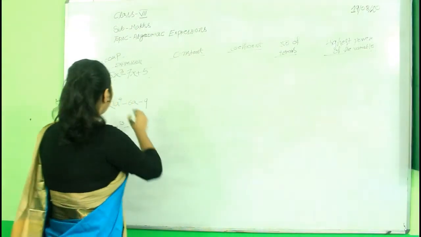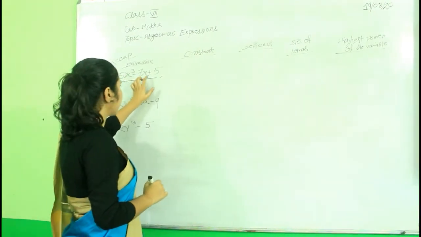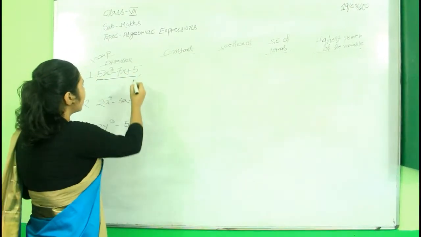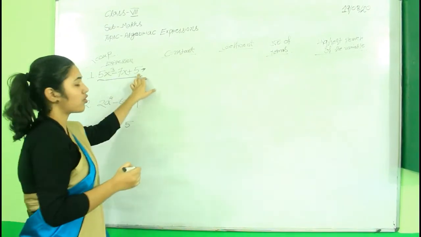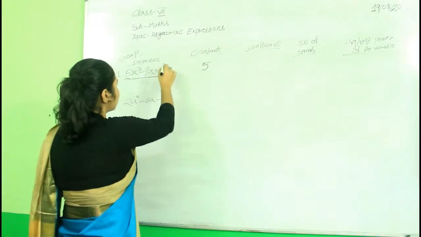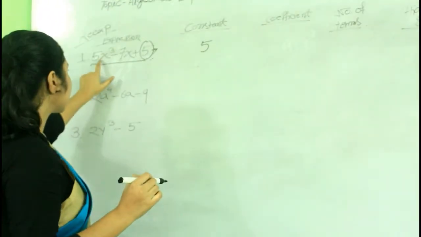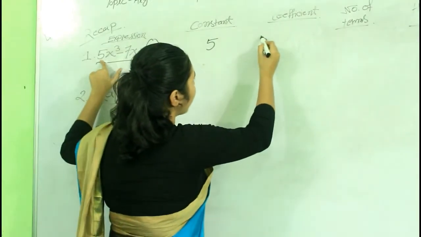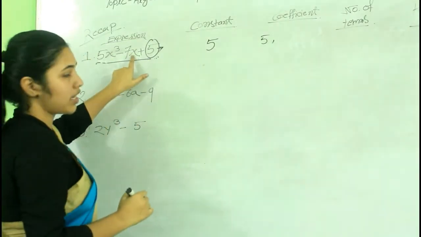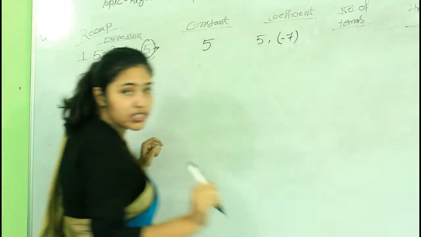Now look at here, our first expression is 5x cubed minus 7x plus 5. So here in this expression our constant term is 5, right? Now the coefficient of the term x cubed is 5 and the coefficient of x is minus 7, not 7.